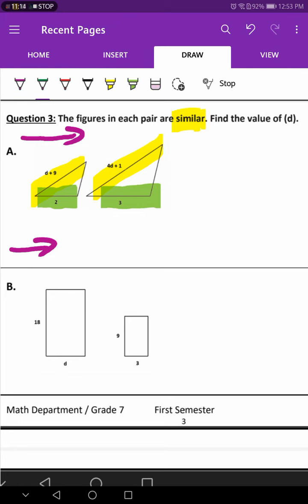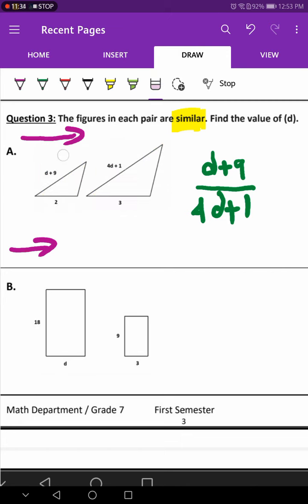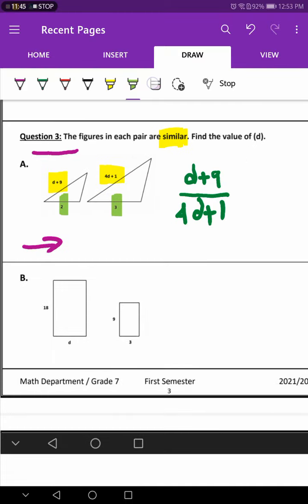So I will write D plus 9, my dear student, over this amount, which is 4D plus 1. Okay, so again, D plus 9 over 4D plus 1 must equal 2 over 3. Yes, it is easy.